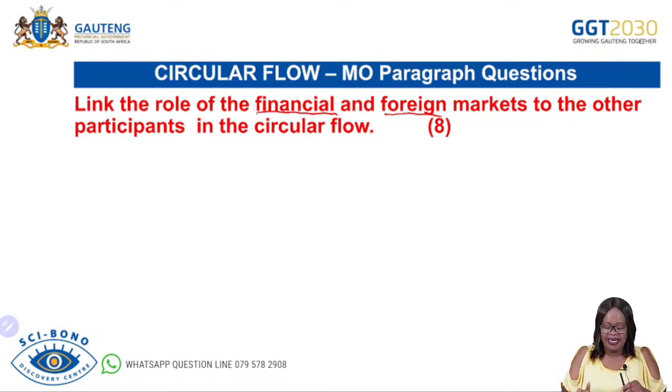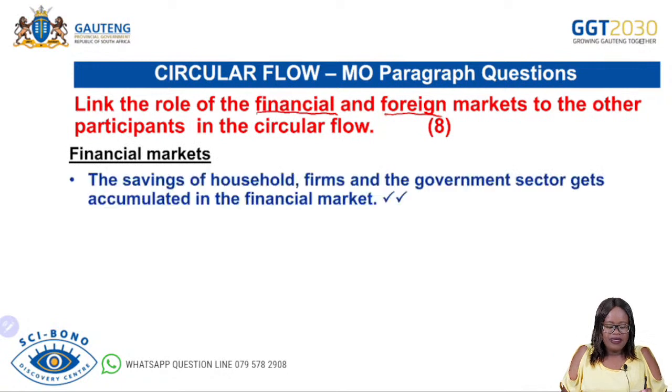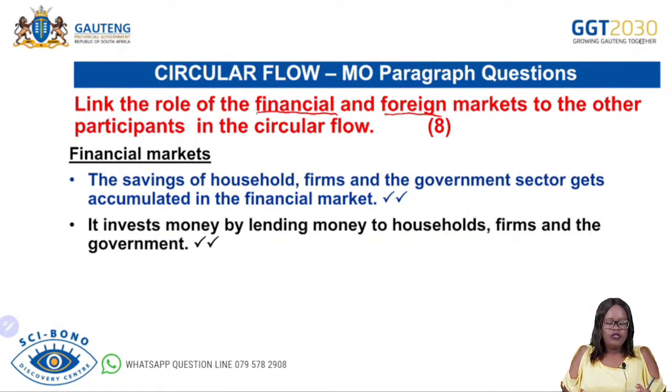With regards to the financial market, we say that the savings of households, firms, as well as the government are going to be accumulated in the financial market. And also, we have investment. Money is going to be invested through the financial market by lending money to households, firms, as well as the government.